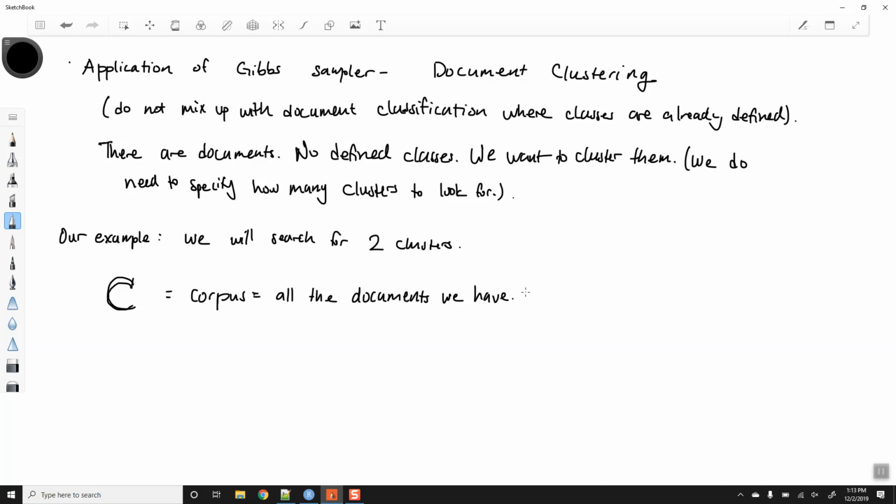So this big C is going to be the corpus, all the documents we have, and I'm going to have big C0, which will be documents labeled 0, and big C1 will be all the documents labeled 1.